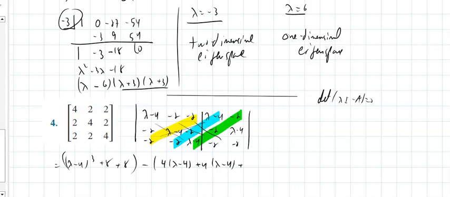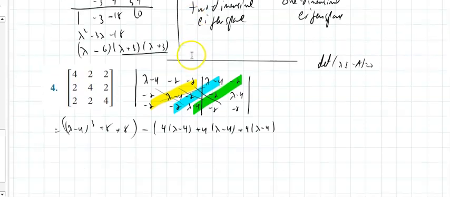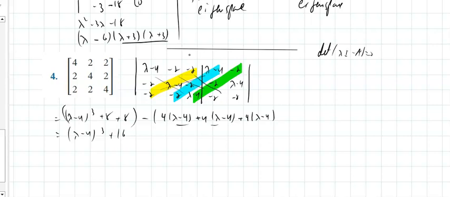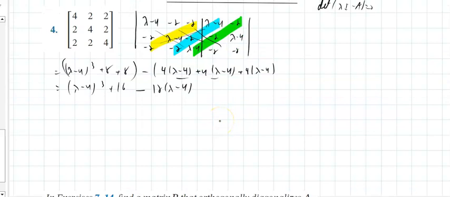And the green will be plus 4 into lambda minus 4. So altogether we're looking at lambda minus 4 cubed plus 16 minus 4, 8, 12 into lambda minus 4. I could factor this as it is, but that's going to confuse a lot of you. So I'm going to work this out.